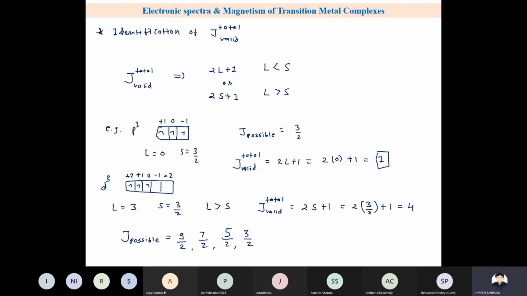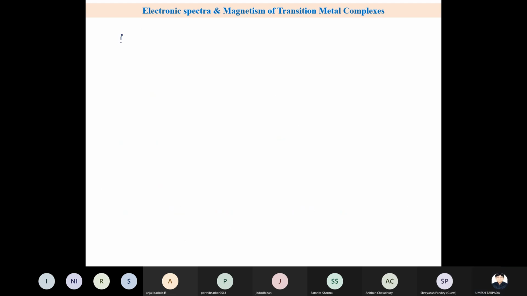चलो F3 है तो कैसे कैलकुलेट करेंगे? F3, these are the 3 electrons. What is the L value? 6, 3 plus 2 plus 1, that is 6.